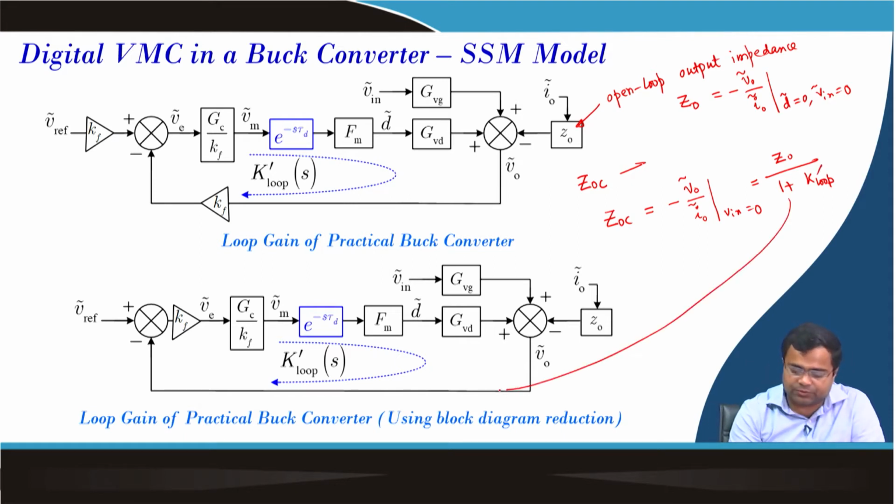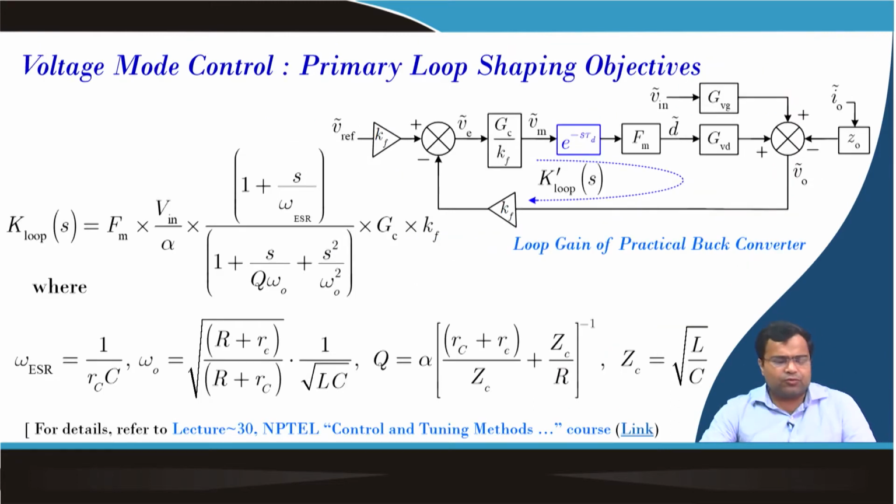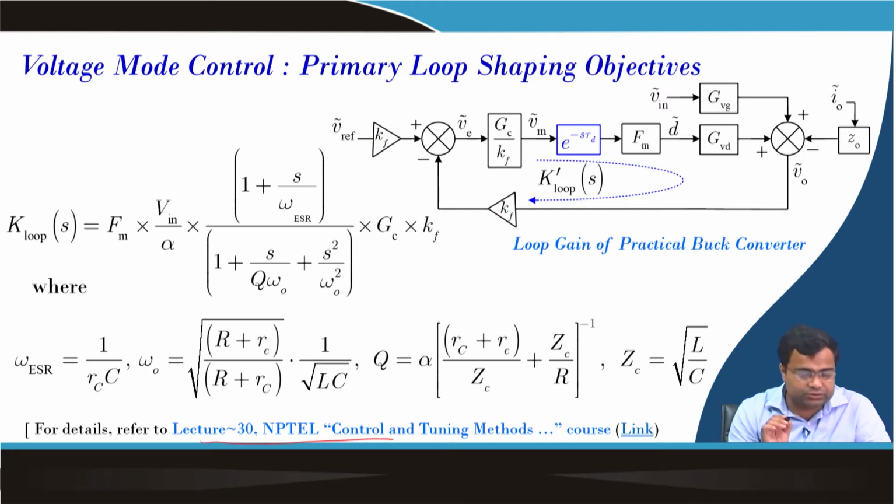So, this is the loop transfer function here. Okay. So, how can we get the closed loop output impedance, which is the critical part for getting the load transient performance? Now, we have discussed in our lecture number 30 in our earlier NPTEL course that exact pole zero stable pole zero cancellation is very sensitive to system parameters.